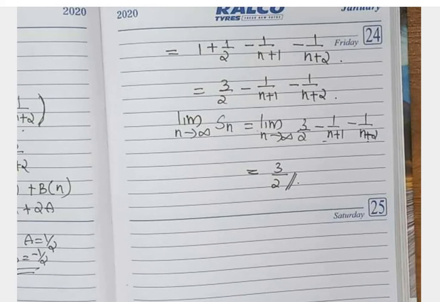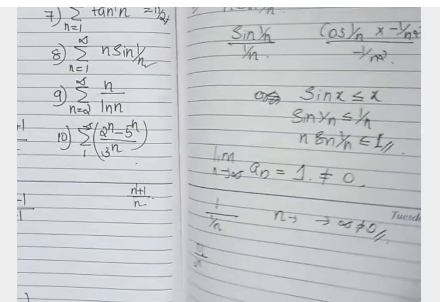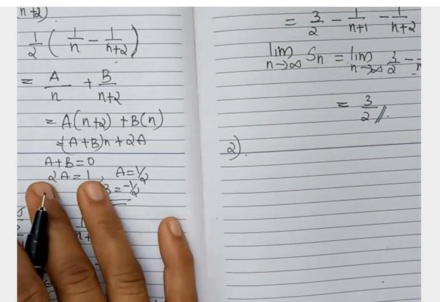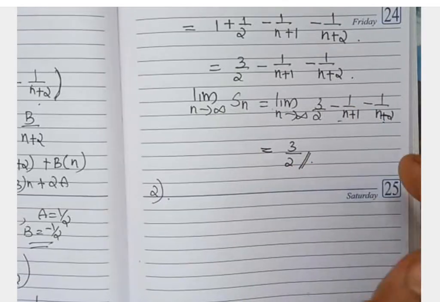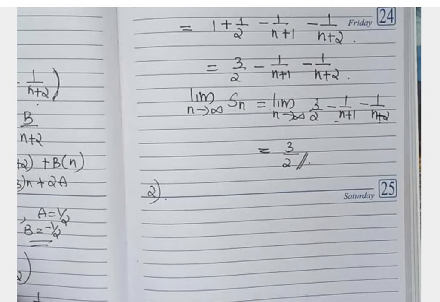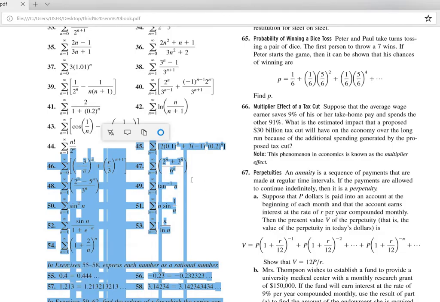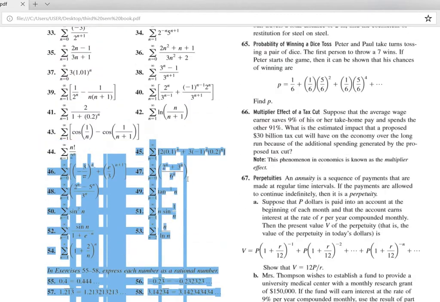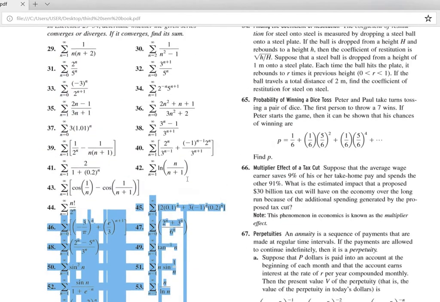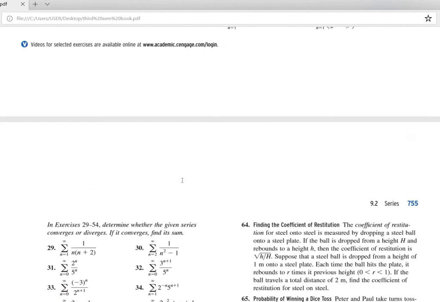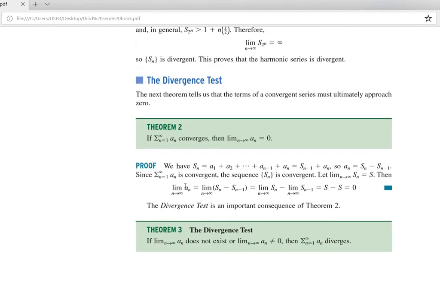So the limit of Sn is equal to 3 by 2. That is, the sum exists and the series is convergent. Done like this.